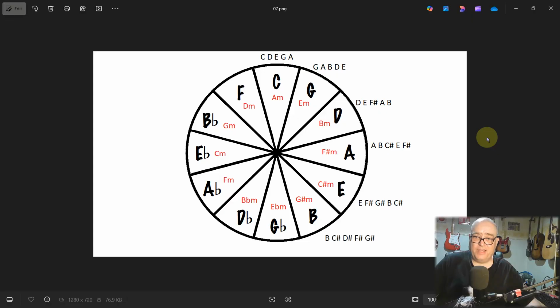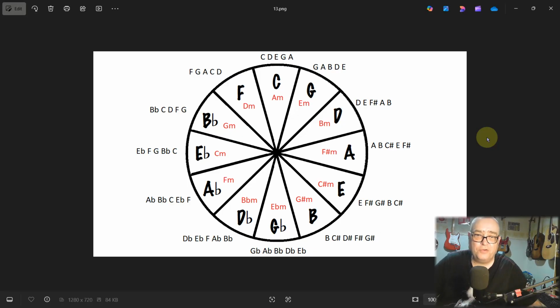And there's the B major, G sharp minor. You can see all I've done is take the E note that's in E major, C sharp minor, and drop it down to a D sharp. The rest of the notes remain the same, and we end up with the B major, G sharp minor. And you can just walk that round the entire circle. It's just changing one note each time.